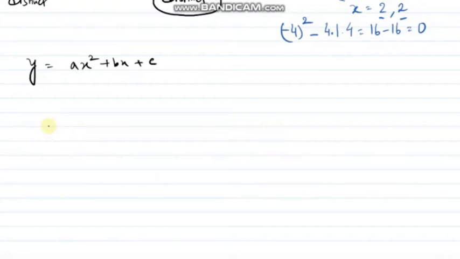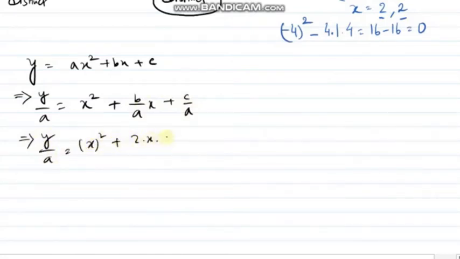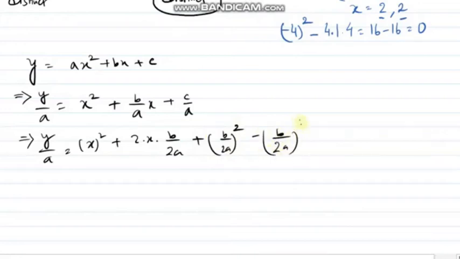Similarly, now dividing by a, same thing we did in the last video, I am still showing you all the steps. So y divided by a will be equal to x square plus 2 into x into b divided by 2a plus b divided by 2a whole square minus b divided by 2a whole square plus c divided by a. Is it fine?